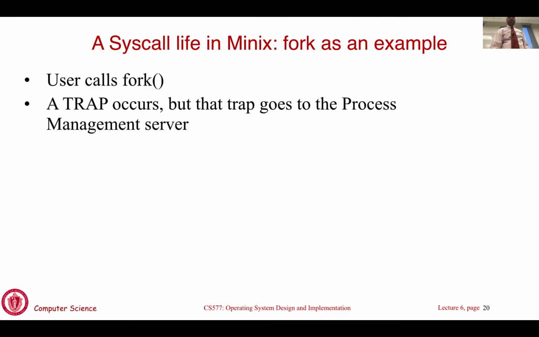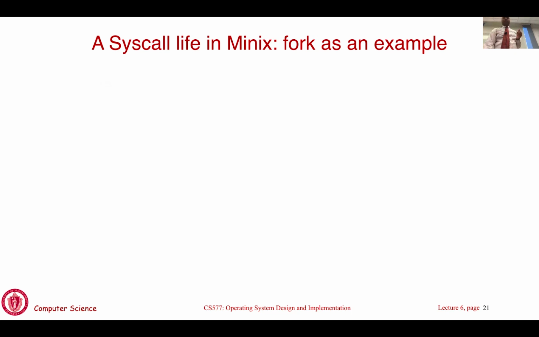Now, just to understand, we will take one system call, which is fork, and walk through some steps. Some of the lower level details you typically do not need to worry about if you are adding a new system call, but you need to know what the execution trace of that system call looks like. We call fork, a trap occurs, and it goes to the process management server, or the PM.